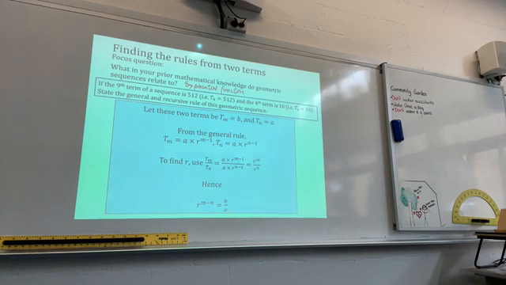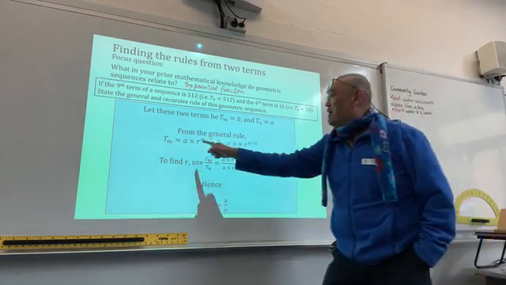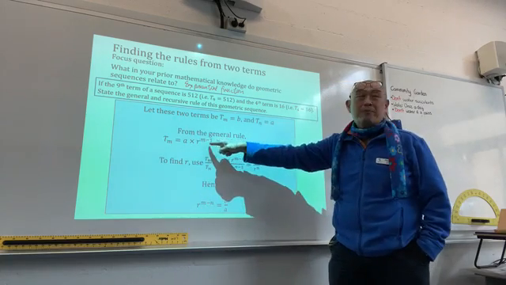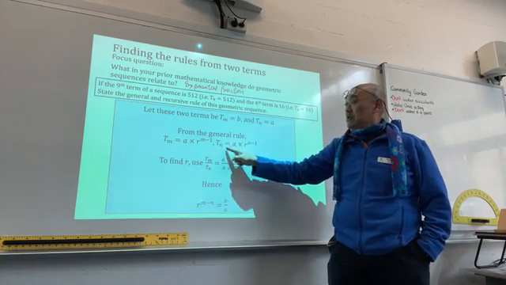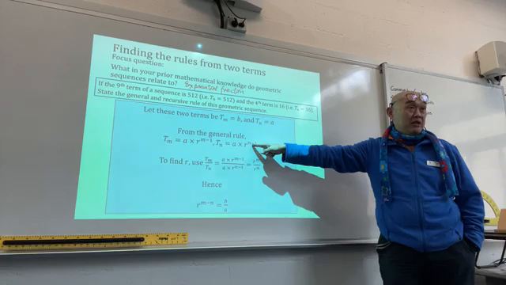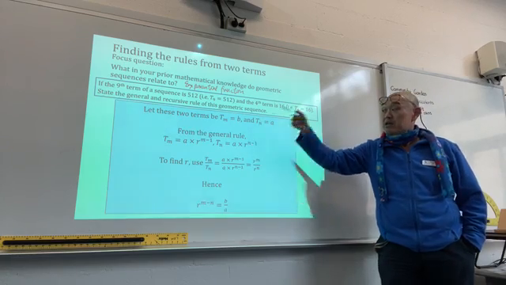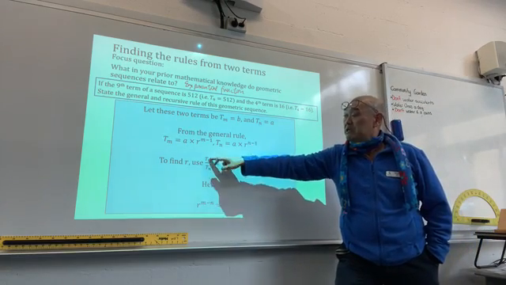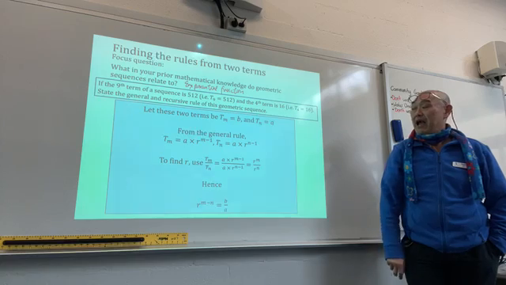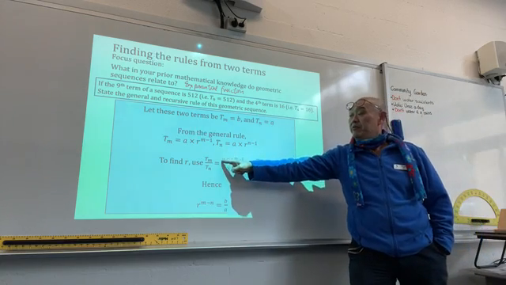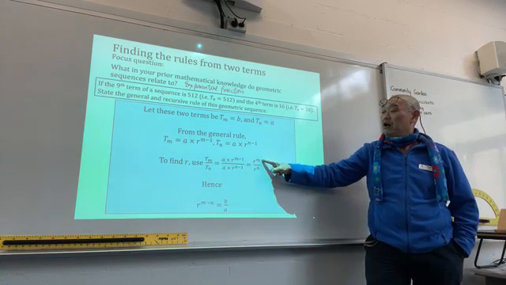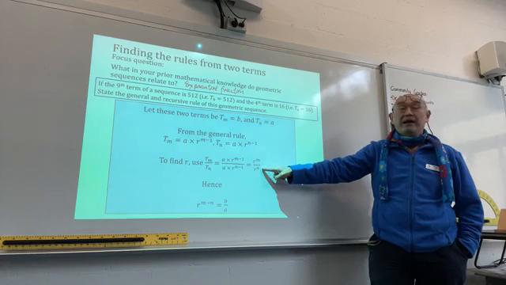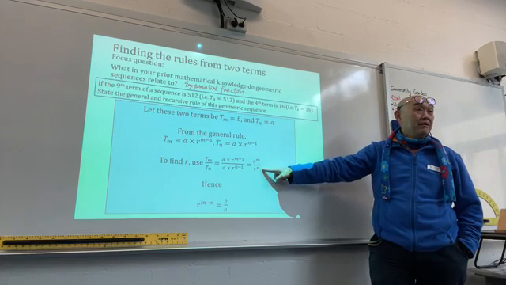So now for the general rule. You know that Tn equals A times r to the power of n minus 1, correct? So, if I use Tm divided by Tn, I can reduce this to r to the power of m divided by r to the power of n. Correct?